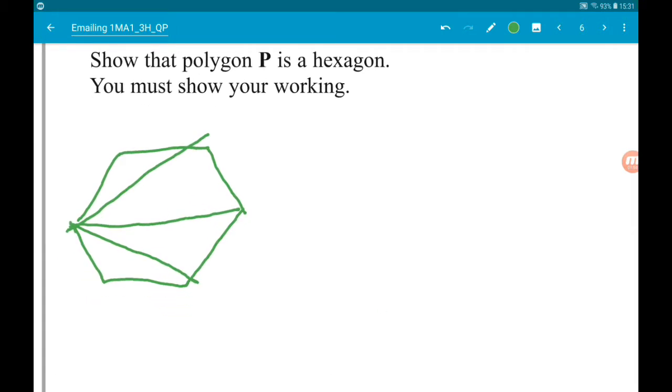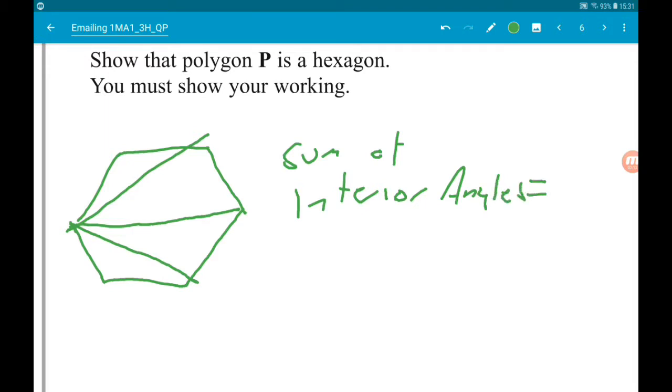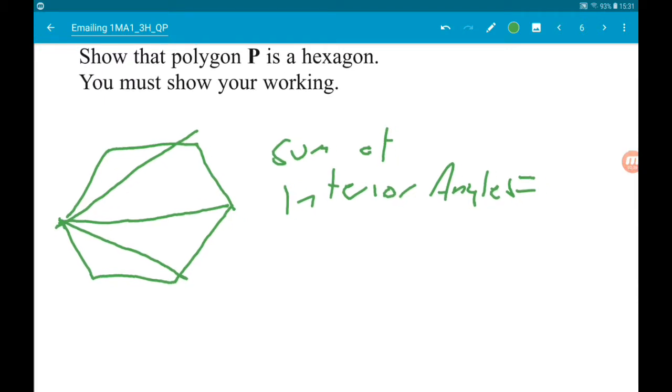Each triangle contains 180 degrees. So the sum of interior angles is 4 times 180, which is 720.